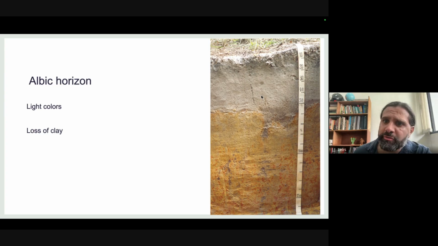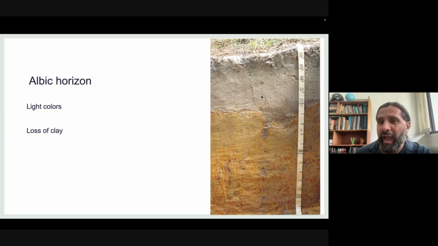Okay, so this destruction or migration of clay can give a whitish color to the horizon because what really gives color to soil is clay, okay, mineral or organic clay, both color the soil. So without clay we don't have a strong influence of any material that can give color to the soil. And these whitish colors that we can see are related to the quartz grains that are translucent, they don't actually have a color, but we usually see them as whitish, grayish colors.